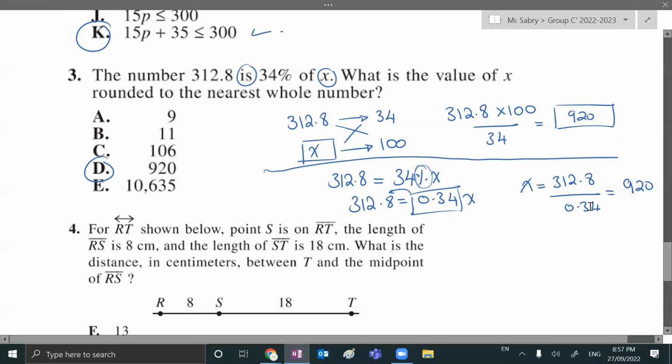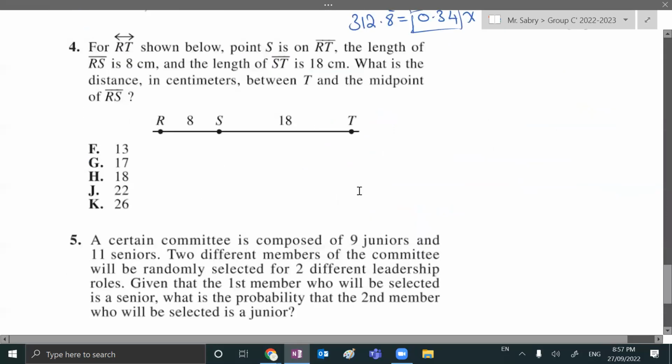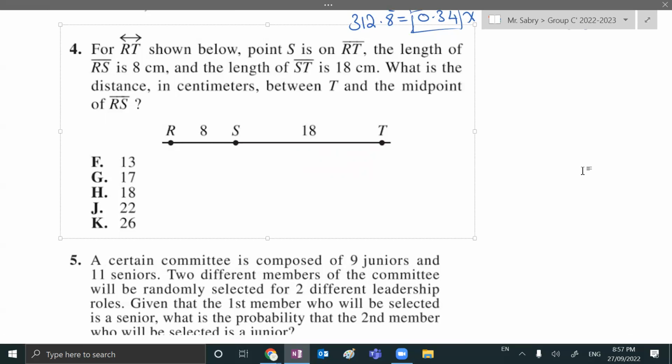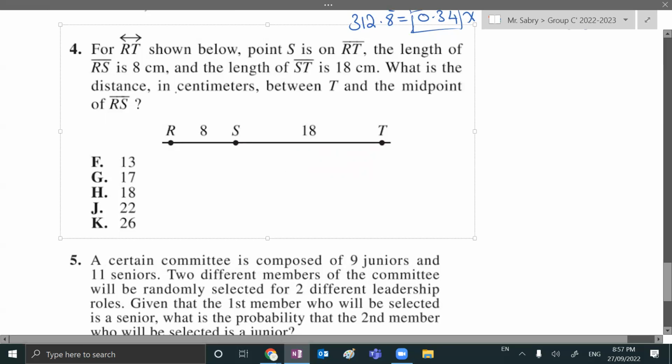Number 4. Actually, we solved number 4 during the last couple of days when we were explaining the geometry part and the idea of midpoint. So you shouldn't have had a problem here. But let's see how this one works. They say, what is the distance in centimeters between T and the midpoint of RS?